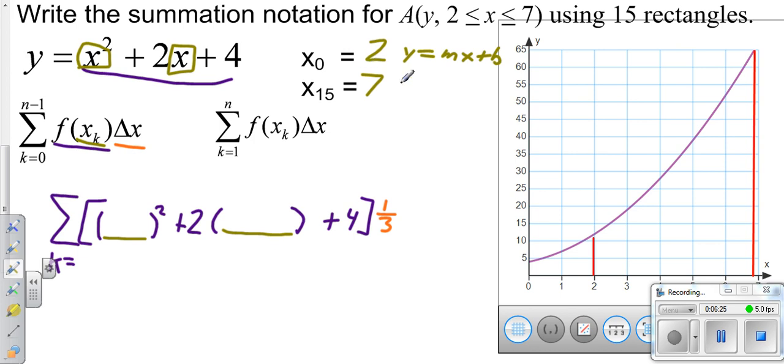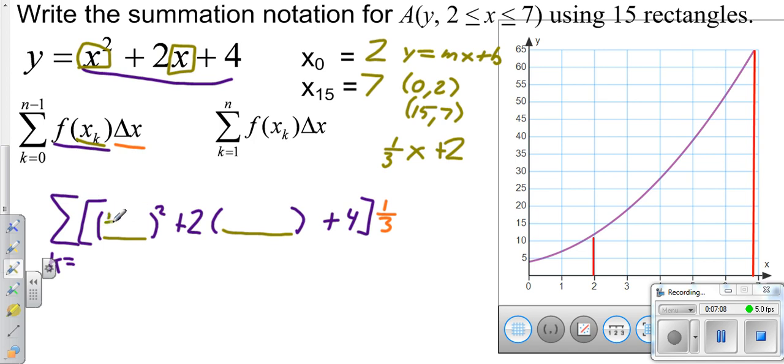We really have our point here of 0, 2, our input and our output. Figure out the equation of our line. So we find our slope, change in y over change in x. So we get 5 over 15, which is 1/3, times x plus our y-intercept. And our y-intercept is always what you get when you plug in 0, and we have 2. That's what we have to put in these two spots where there initially was an x.